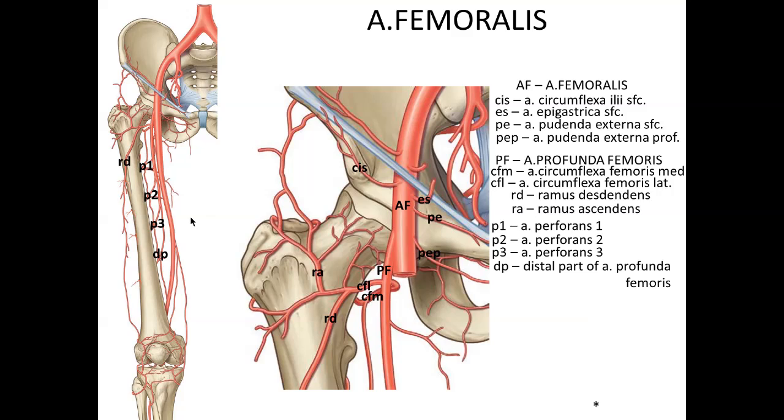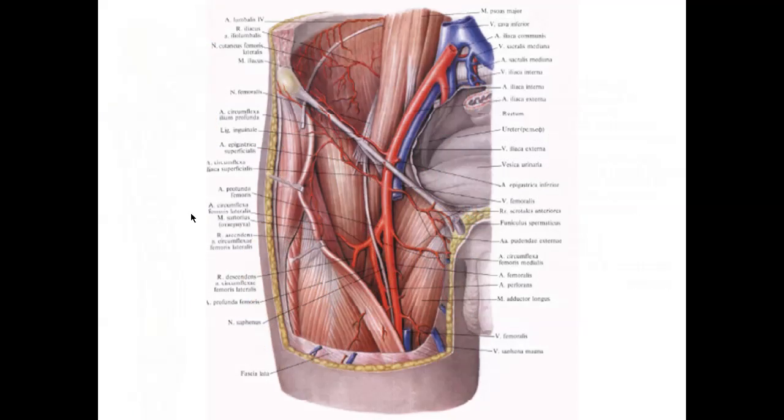Okay, and now let's compare this picture with another. It's a picture from the Atlas of Anatomy, author Sinelnikov, and we can distinguish the inguinal ligament, arteria iliaca externa and arteria femoralis.